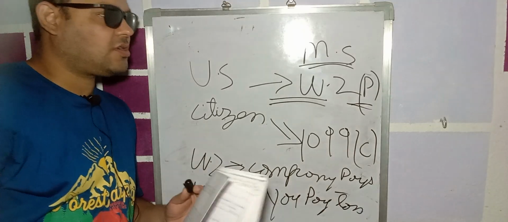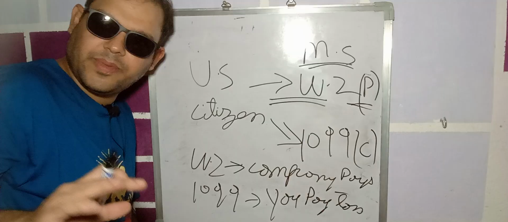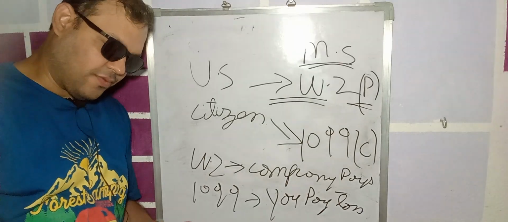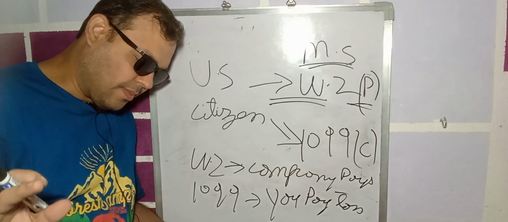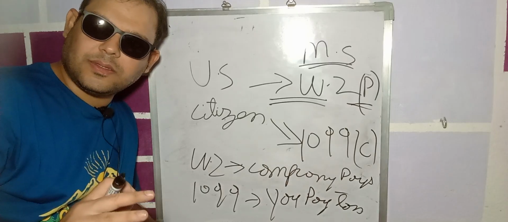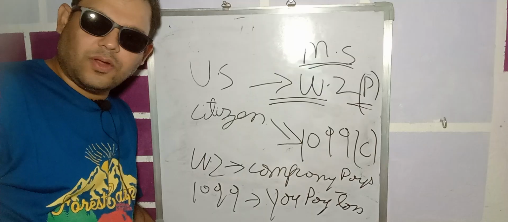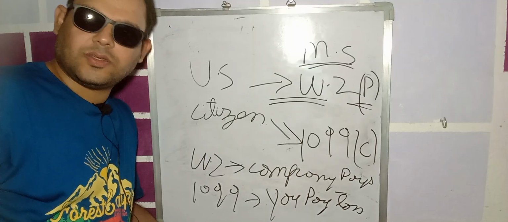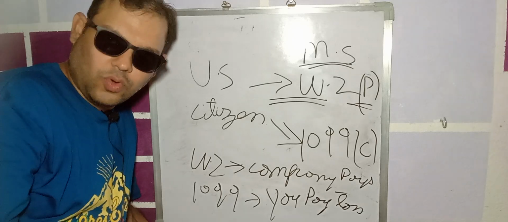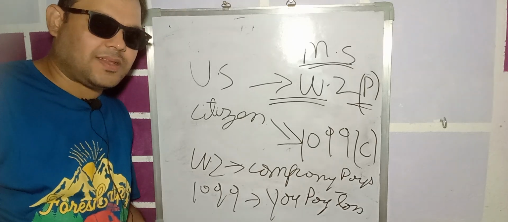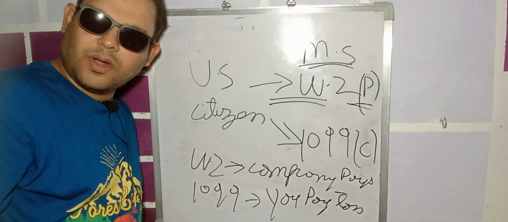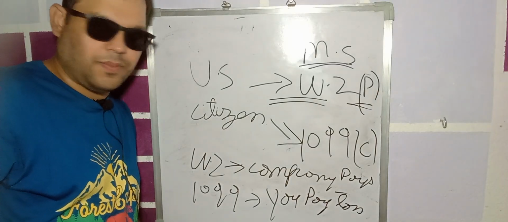Most probably, if you get a permanent job, you will be working on W-2. If you get a contract job, most probably you will be working on 1099, and sometimes there are contracts on W-2 also. A contract means you will be working for a limited number of hours for the company.